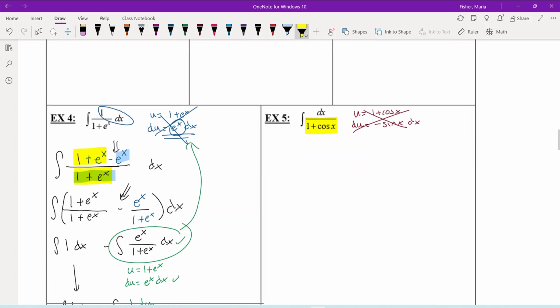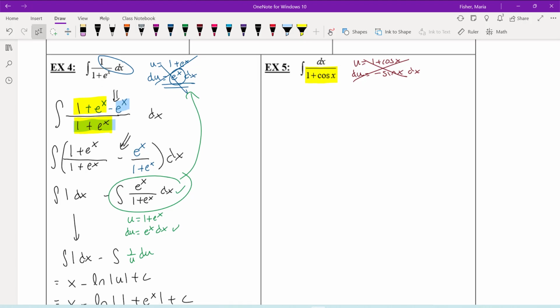So a conjugate, remember, is same first term, opposite second terms. I'm going to rewrite this as dx over 1 plus the cosine of x, and I'm going to multiply by the conjugate. The conjugate is the same first term, which is 1, and then the opposite second term. The opposite of a plus is a minus.